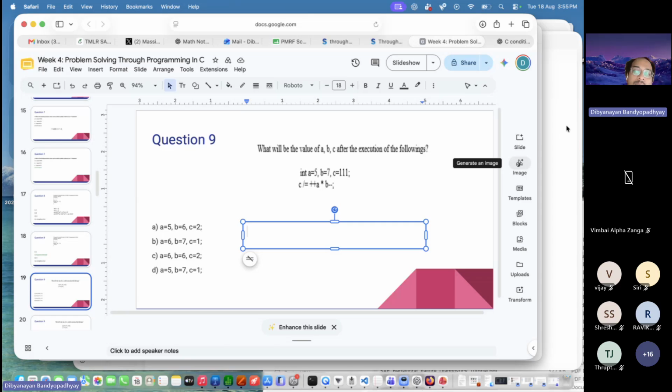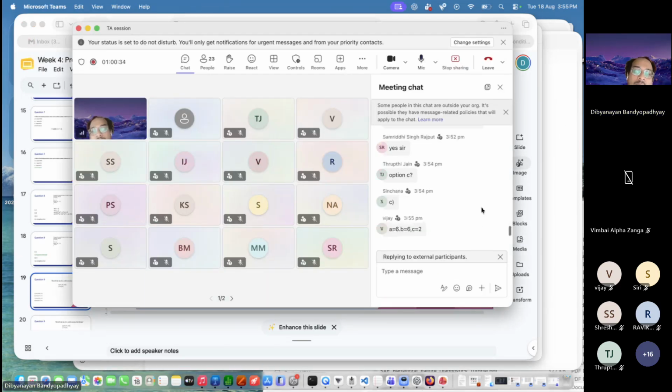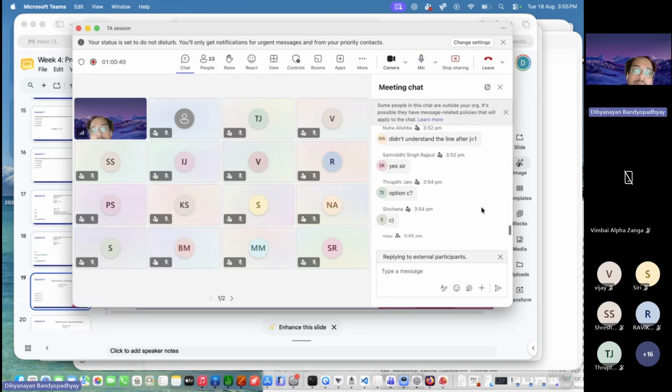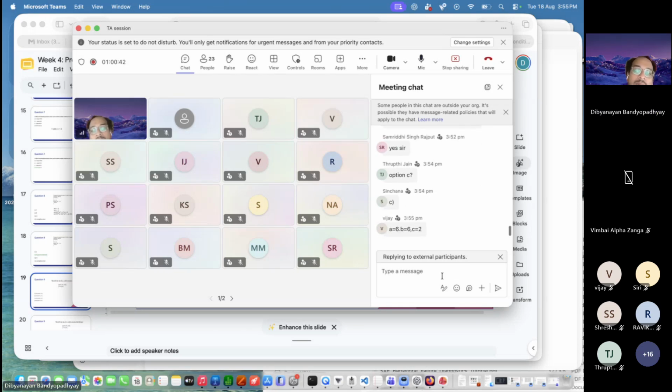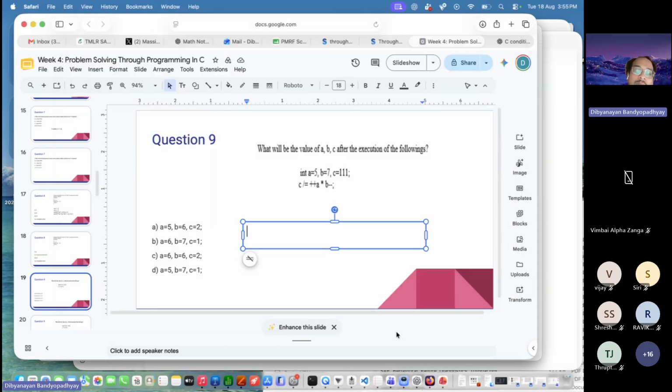Okay, so anybody? Option C, 662. That I have to confirm. I have to check. Take some more time if you want. Maybe another 1 minute, then I'll proceed explaining.